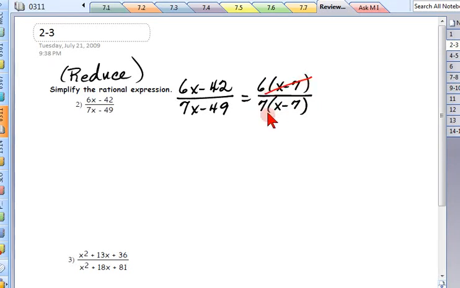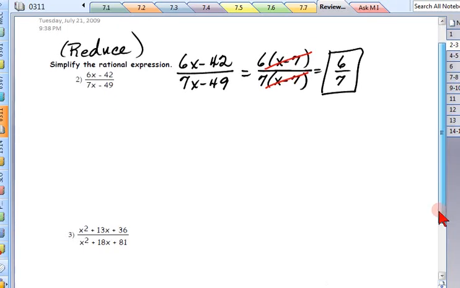Yes. x minus 7 and x minus 7 are common factors, so that divides out. And I am left with 6/7. That's my answer, reduced to lowest terms. Your book calls it simplified. So in order to reduce or simplify, first you factor, and you hope that if there's a common factor, you see it.